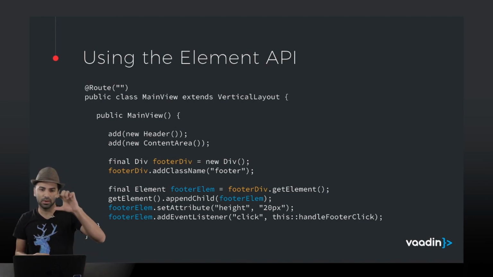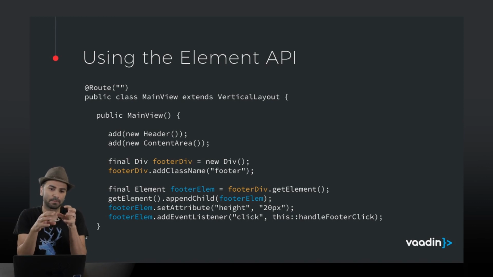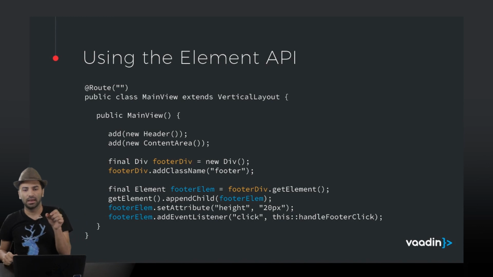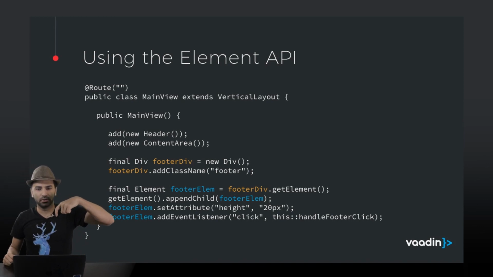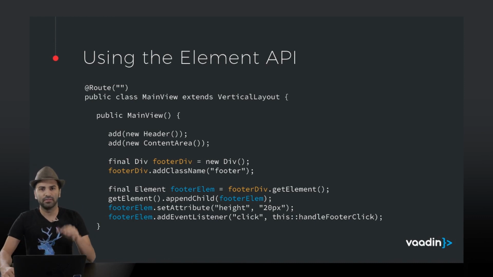So this is an example on how to use element APIs. In the lower part, you can see that I defined an element called footer element that takes the element inside the div. So I have the footer div that we have seen before, but what we haven't seen before is that I'm taking the element itself and then manually appending this footer element to my vertical layout. And then I can manipulate this footer element at a very low level, like set attribute.